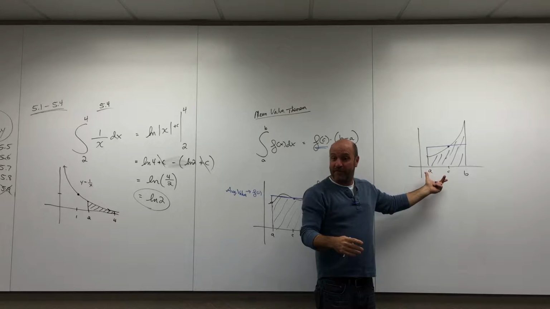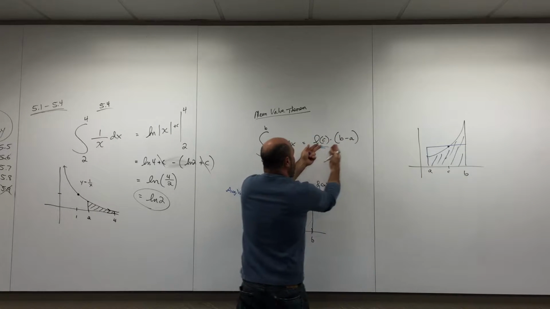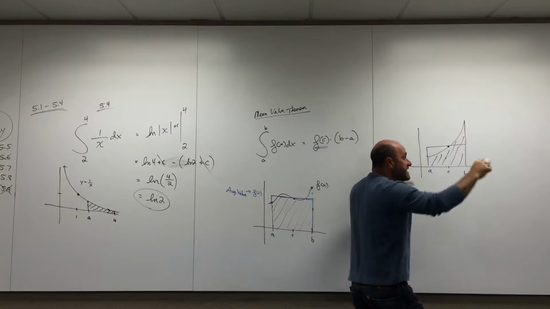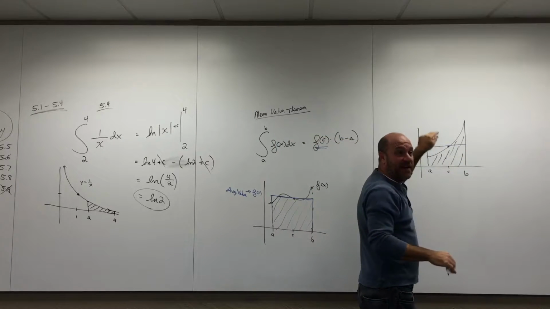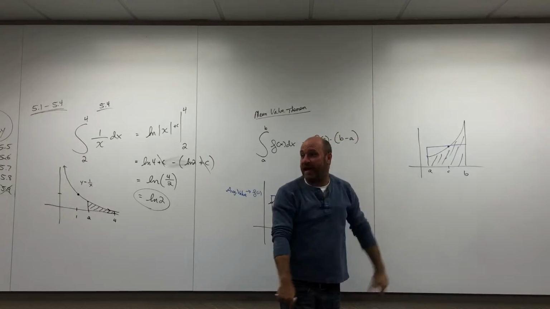Takes me a while, but maybe I eventually said what I wanted to say. That's what this says, that there is a height times a width. I can represent any crazy curvy area. If I can find the right place, I can have a height times a width that's equivalent to that area.